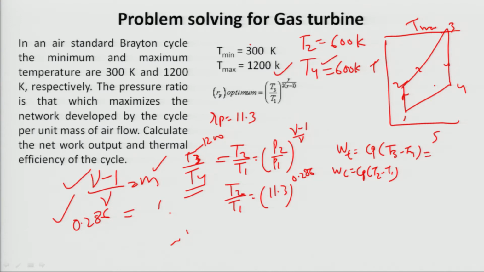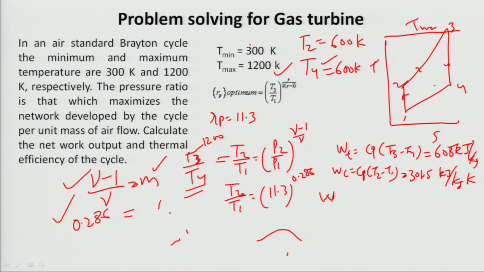The turbine work comes around 603 kilojoule per kg, and the compressor work comes around 301.5 kilojoule per kg.